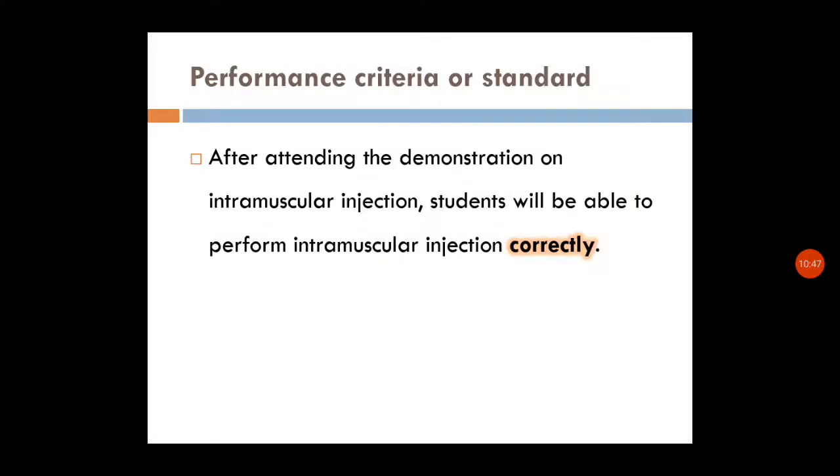And the third one is the criteria or the standard. The teacher will be accepting the performance if they are doing it correctly. If they are doing correctly, we will be accepting. So that is the third component. So hope you all are clear.